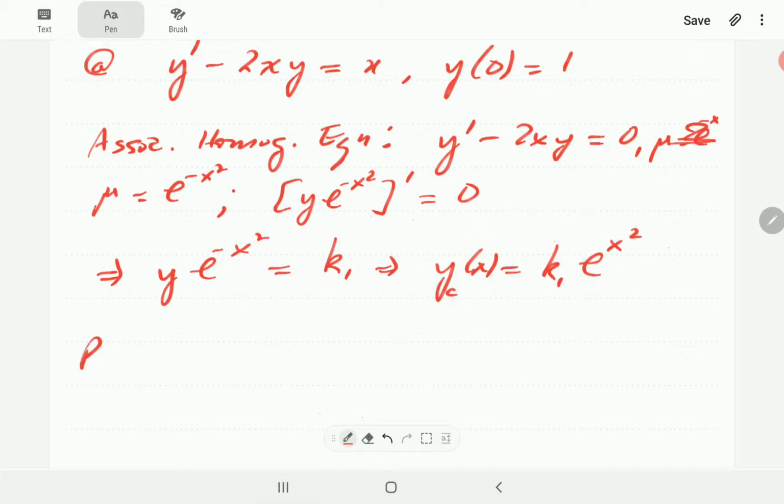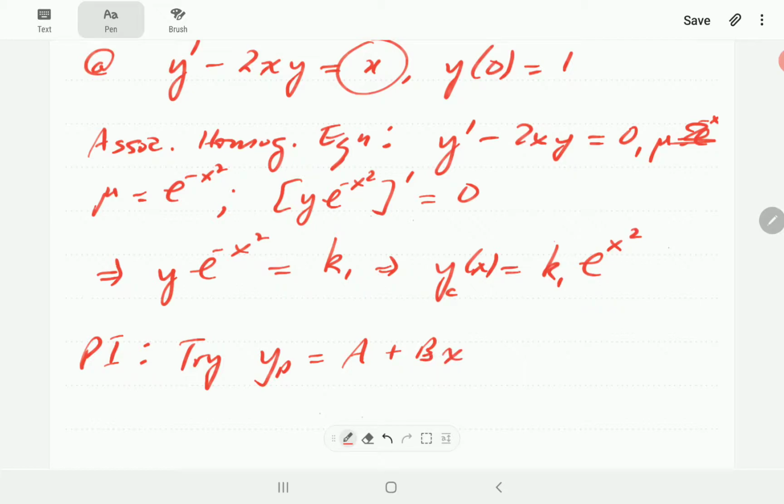Then in step 2, we have got to find the particular integral. So we said the form of the particular integral is going to be influenced by the form of f. f here is just a linear polynomial. So we're going to assume a linear polynomial of the most general form.